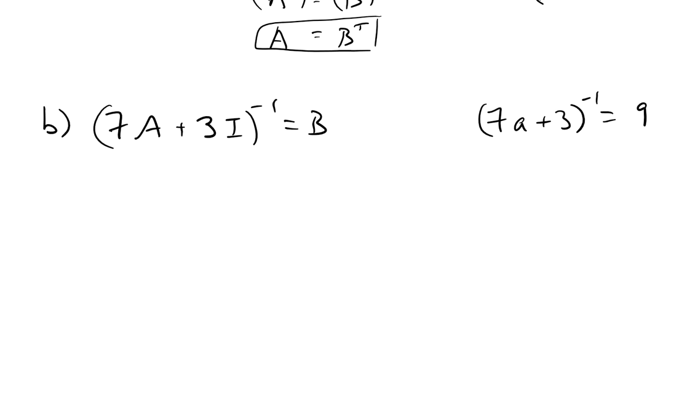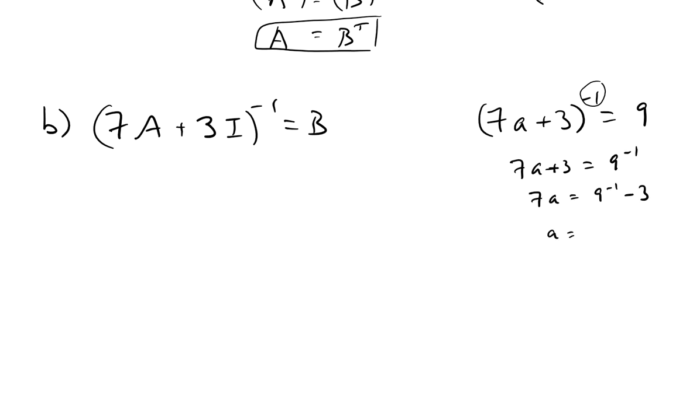Well, you would get rid of the power minus 1 first, essentially by raising everything to the power minus 1 on both sides. And if you raise something that's to the power minus 1 to the power minus 1, you get 1. So that's why it sort of goes away. But on the other side, 9 gets raised to the power minus 1. After that, you would subtract 3.